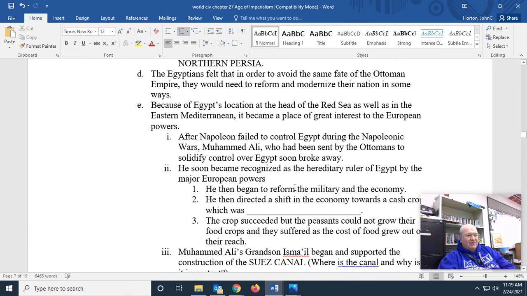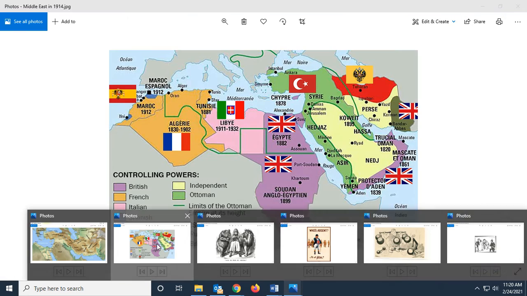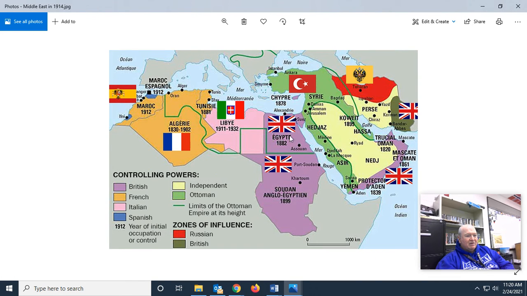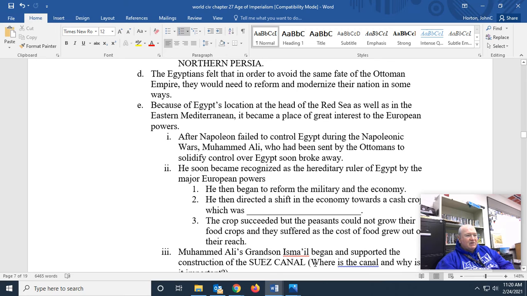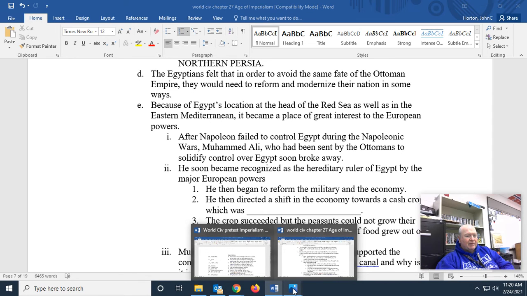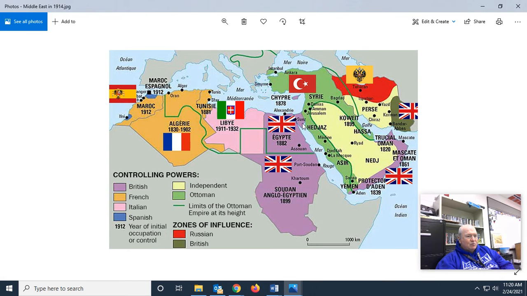The Egyptians felt that in order to avoid the same fate of the Ottoman Empire, they would need to reform and modernize their nation in some ways. Because of Egypt's location, let's go to the map again. Because of Egypt's location at the head of the Red Sea, this is the Red Sea, the Suez Canal is going to be built here in 1867.